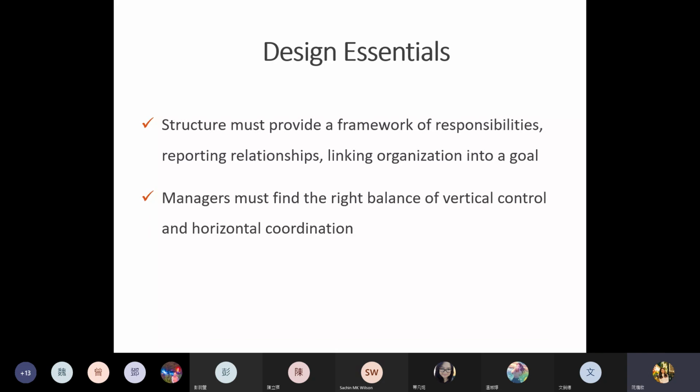And second is that managers must find the right balance between vertical control and horizontal coordination. We should not have a biased perspective that horizontal coordination or horizontal structure will be the best or better than others, because it really depends on the organization's demand itself.